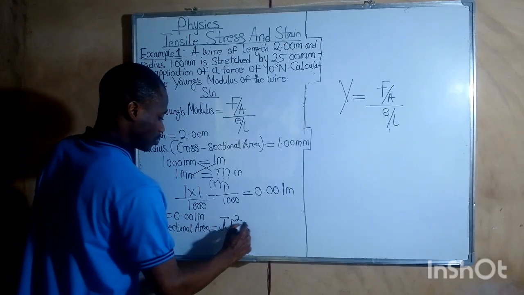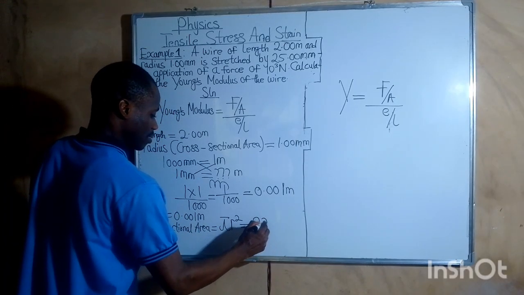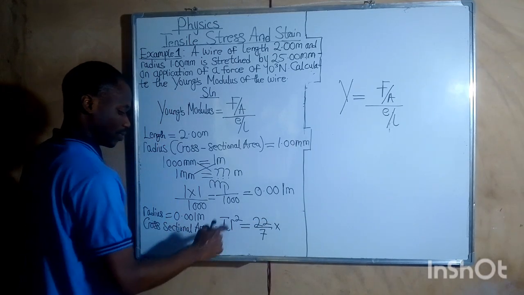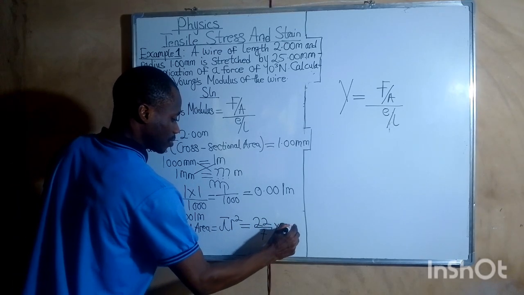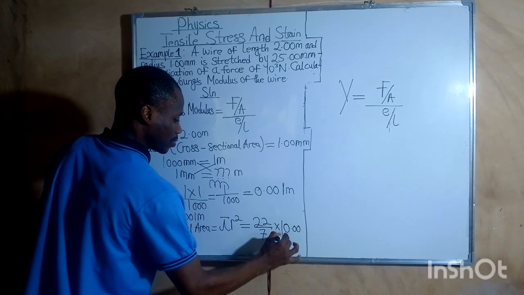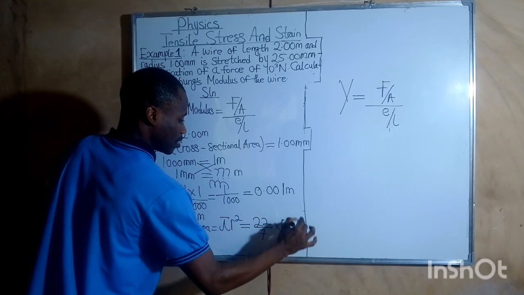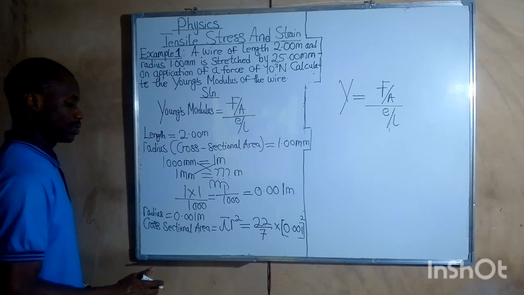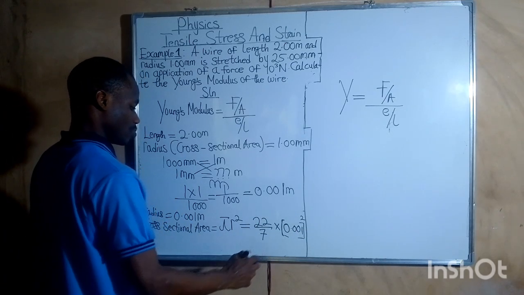So basically, it's more preferable to use 22/7 first, times our r, which is 0.001 meter, put in parentheses and raised to power 2. So we'll square this, then we continue.